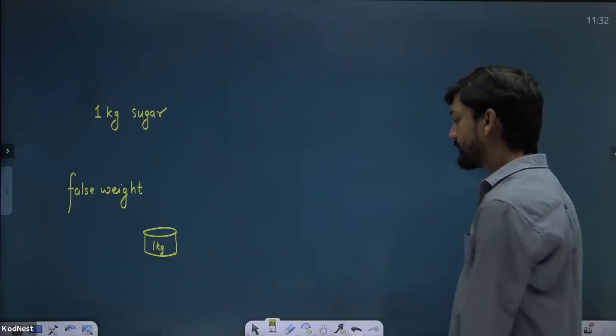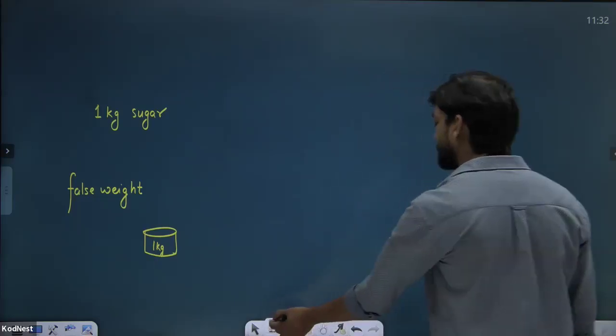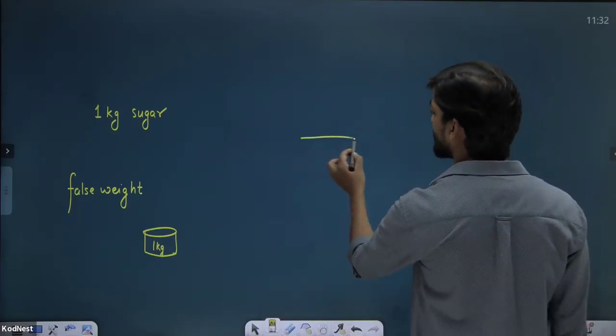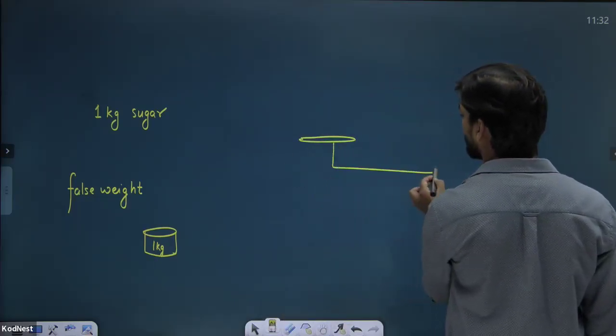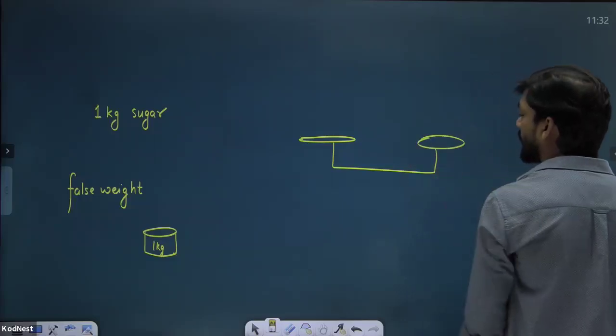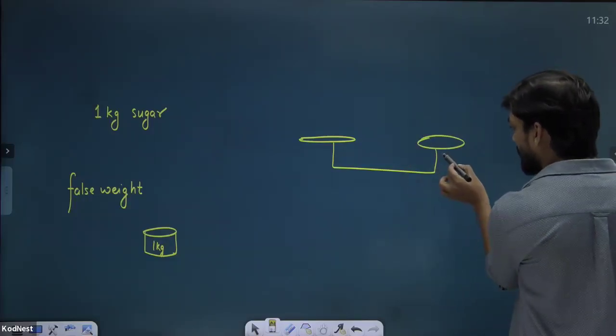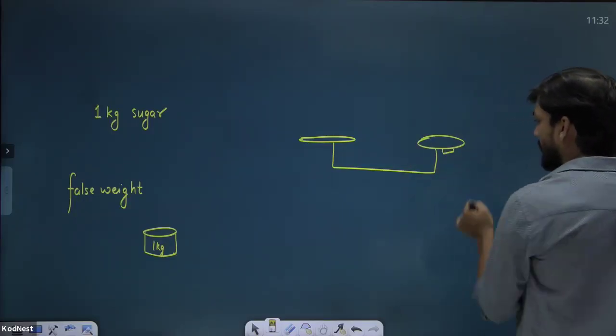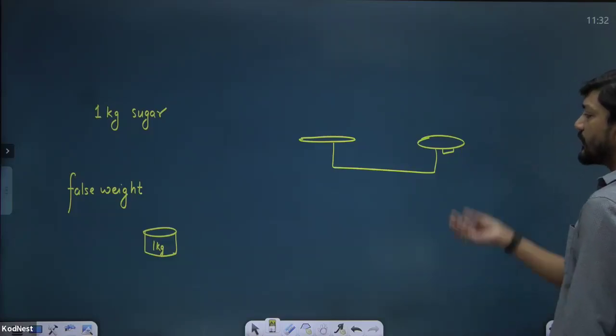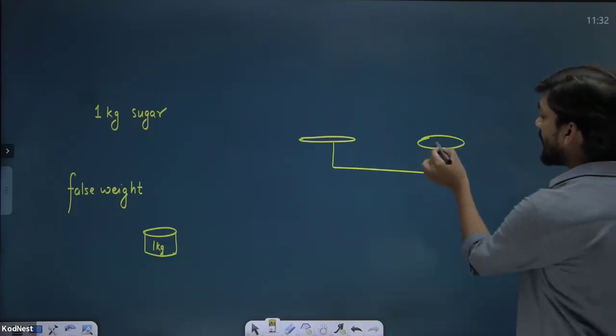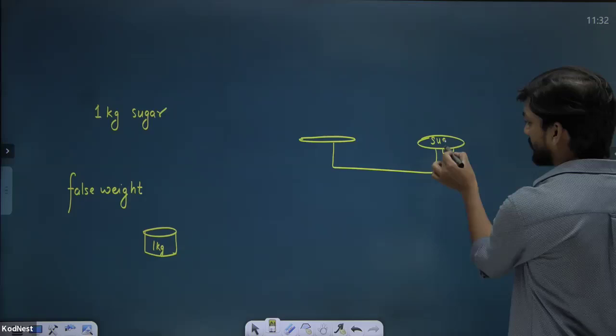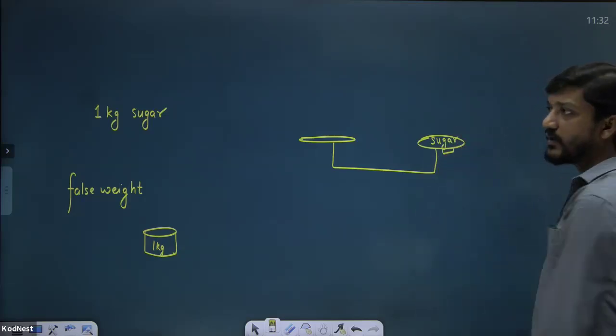So false weight. And one thing will be whatever that balance is there now. On that balance, bottom side they will put some weight extra. So that extra weight and your sugar both will be counted.